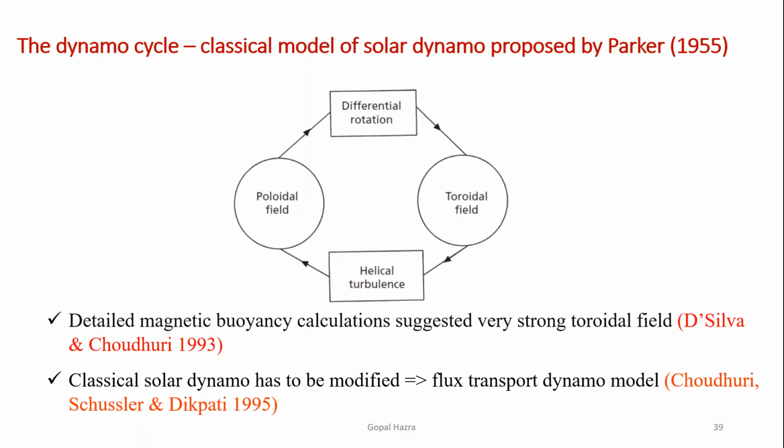They started from the bottom, and they put in the convection, they put in the Coriolis force, and then they saw that to explain the observed surface distribution, you need a field strength of 10 to the power 5 Gauss. And that field strength is so strong that the helical turbulence cannot induct it. So this method showed that the idea given in the classical dynamo will actually not work.